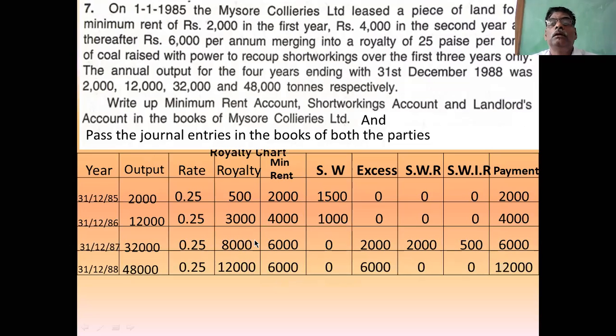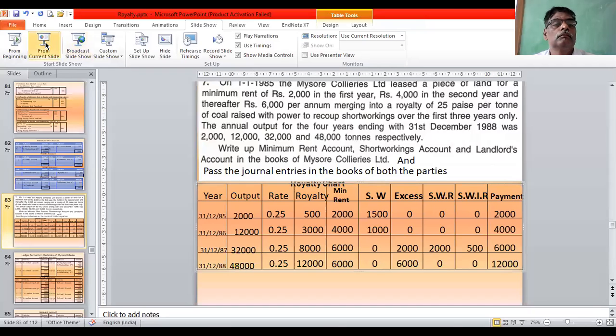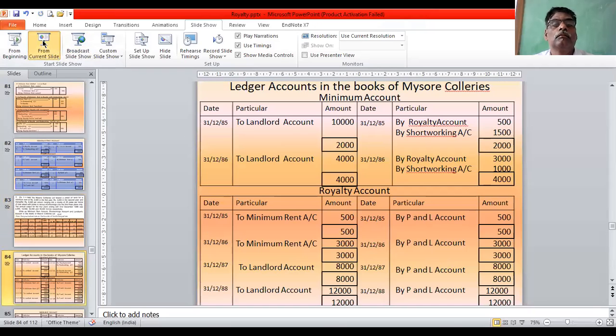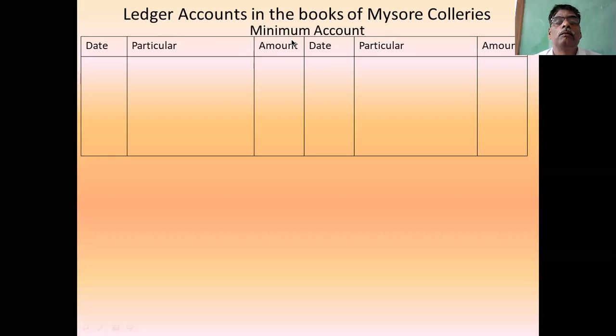Now we see the accounts. Ledger accounts in the books of Mysore Galleries. First is the minimum rent account. You write the year and date.